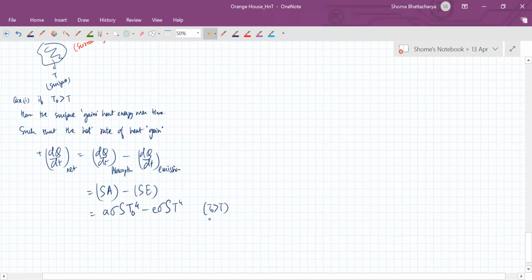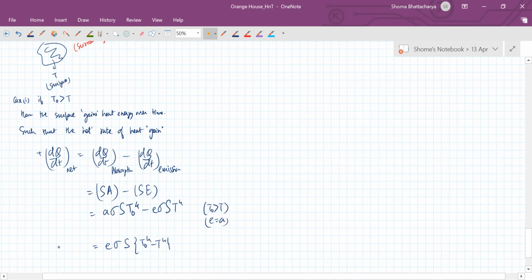And also we understand that emissivity is absorptivity. So this becomes the common value of emissivity or absorptivity, whichever we take, into sigma into surface area into T naught to the power 4 minus T to the power 4.